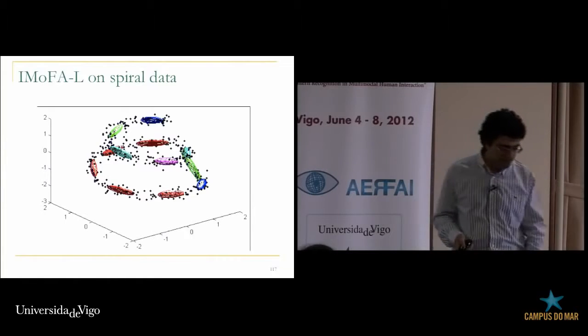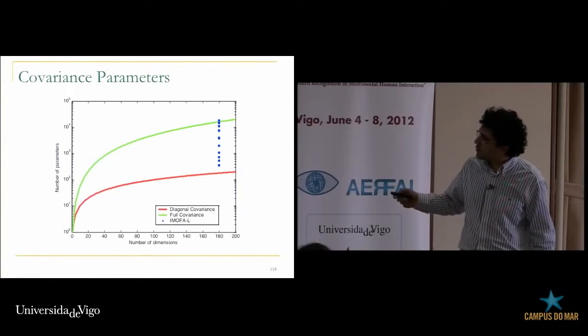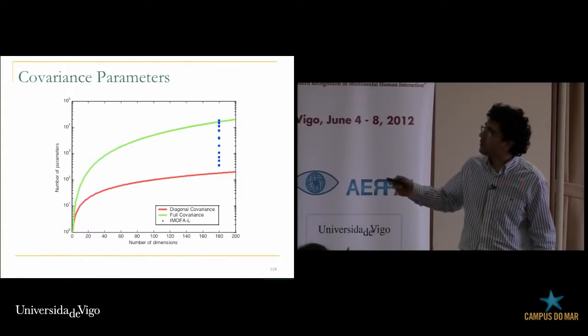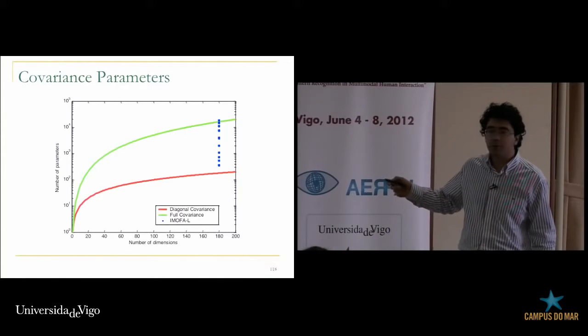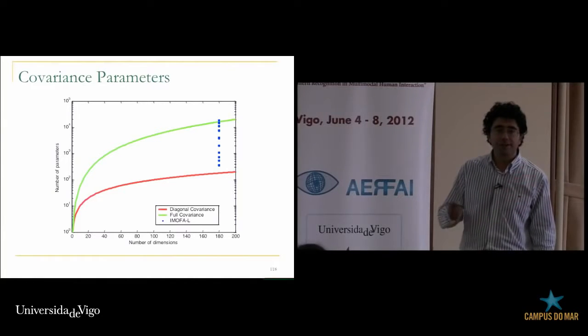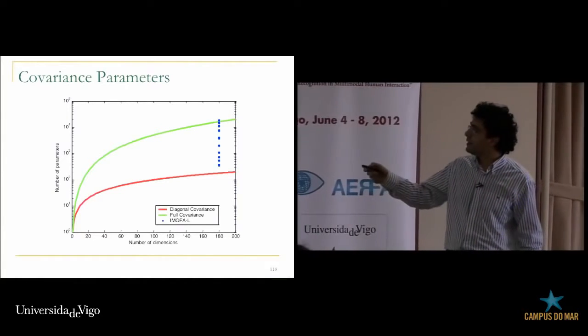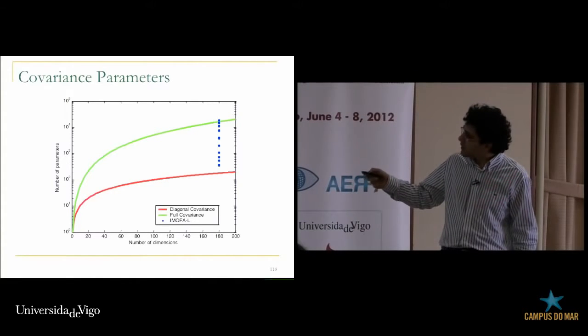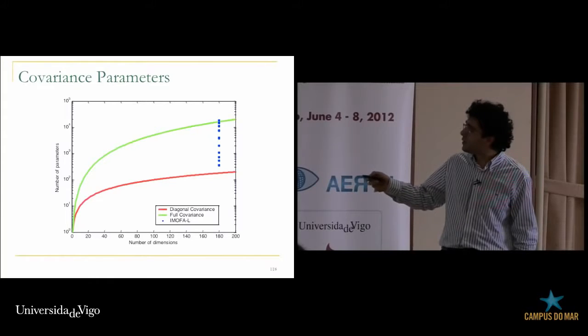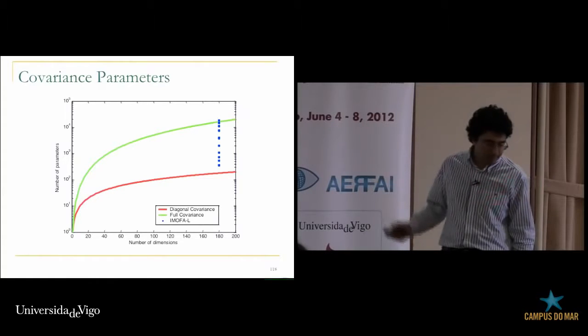But this allows us to model all sorts of models of intermediate complexity between the diagonal and the full covariance model. Because the factor loading matrix is d times n instead of d times d or 1 times d. So depending on the number of factors, you can linearly explore this space.